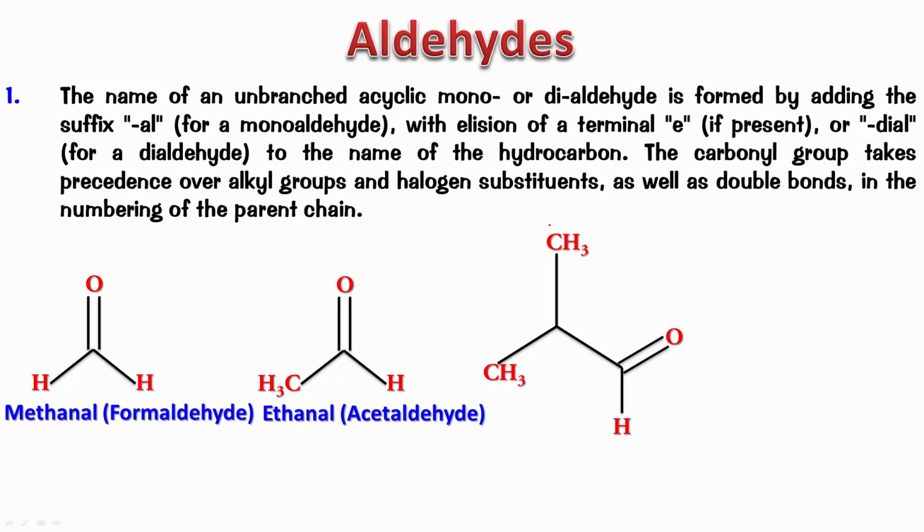There are only 3 carbons in the chain here. So this is a propane aldehyde, so it's propanal. And there is a methyl too, so it's 2-methylpropanal. Note that we don't have to write 1-al because it is always assumed to be 1 anyway.